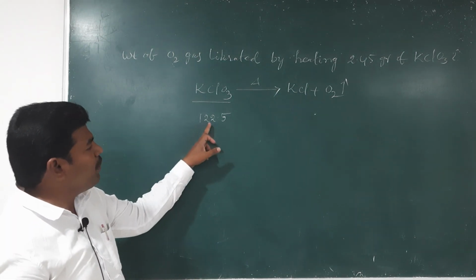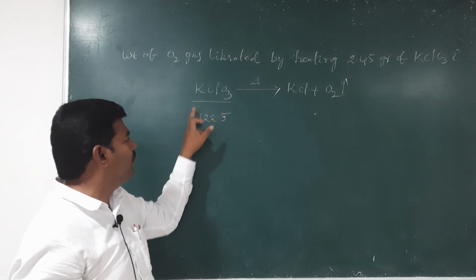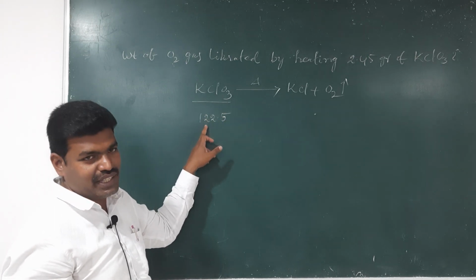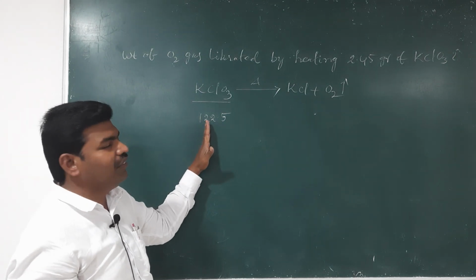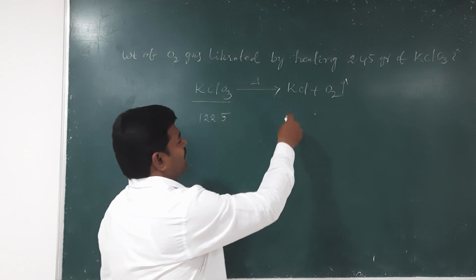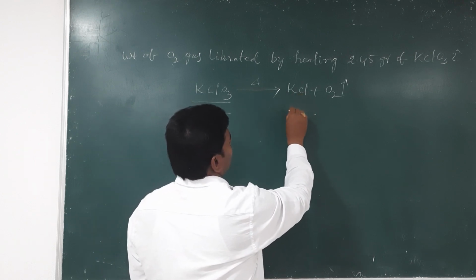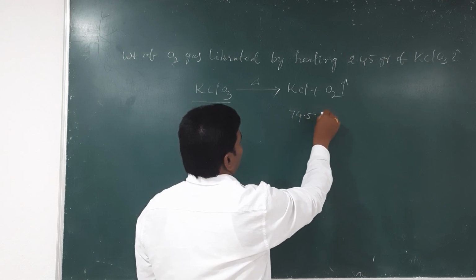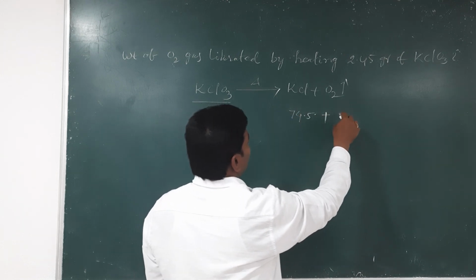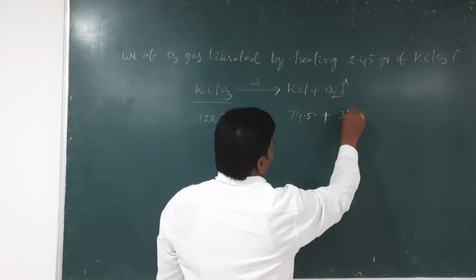This weight of potassium chlorate, the left hand weight, is 122.5 grams and the right hand weight is potassium 39 plus chlorine 35.5, total 74.5, plus oxygen, one oxygen 16, two oxygens 32.